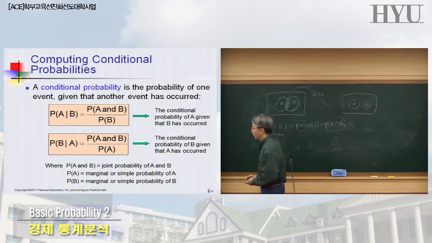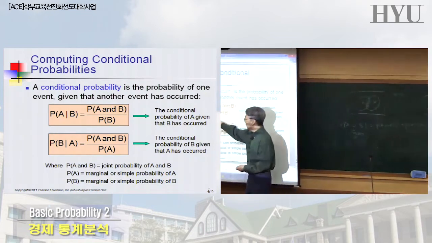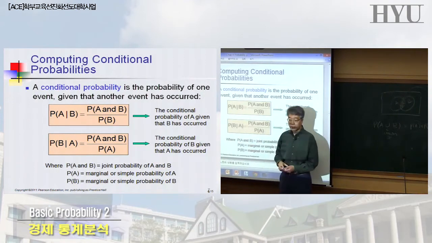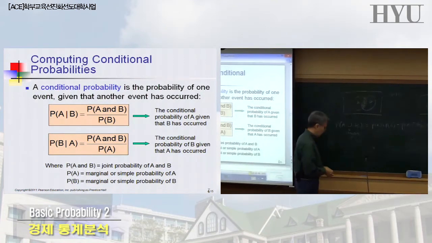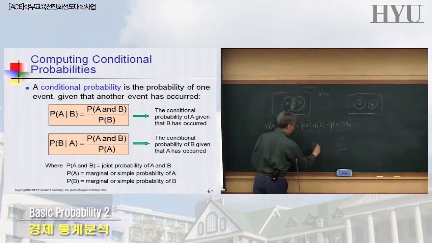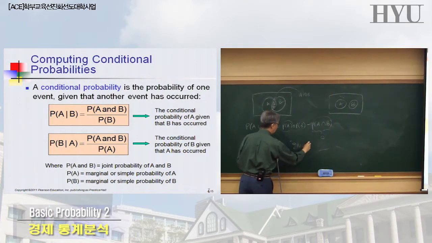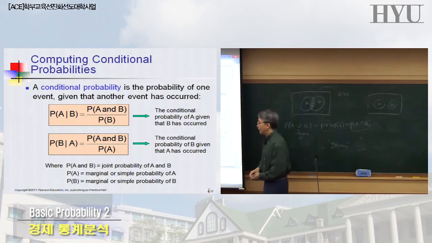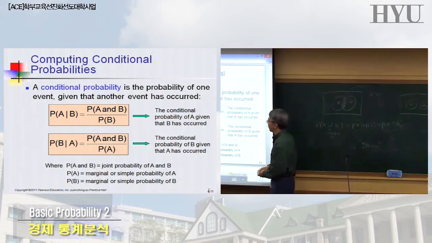And we write it as A vertical bar B, and we read it as A given B. The meaning of that is the conditional probability of A given that B has already occurred.